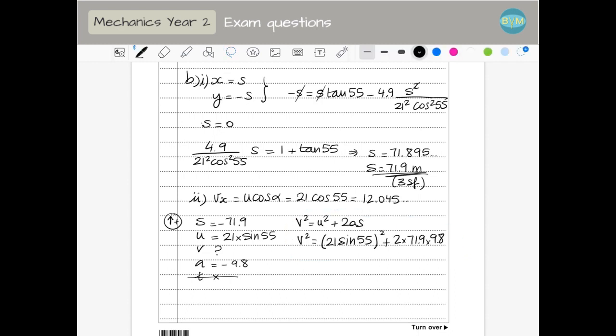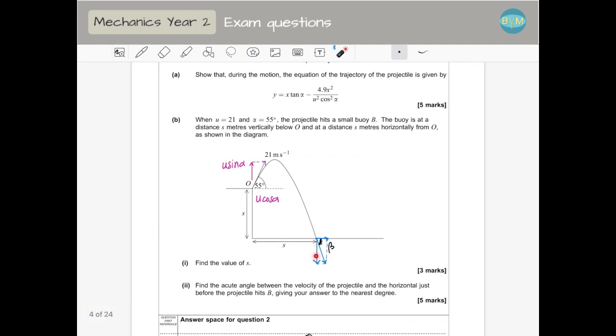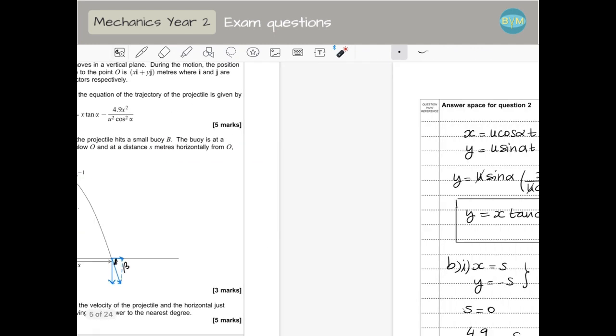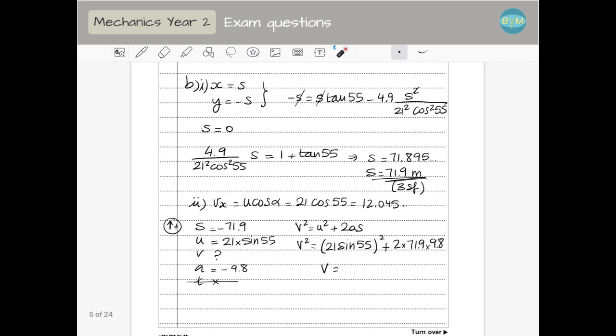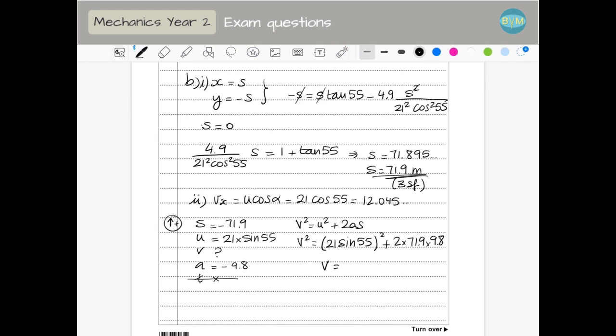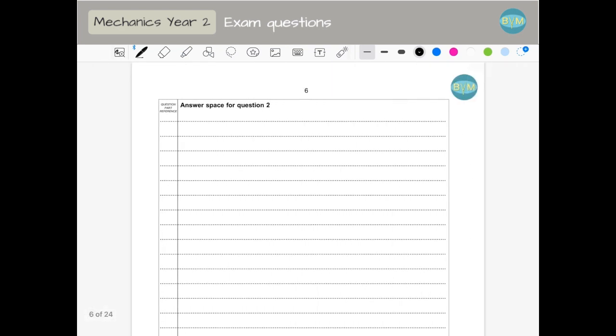I'm going to pick the negative one because I consider positive up, and here my vertical velocity is down, but it really doesn't matter because the numbers are going to be squared, but just to be more precise. So this v is minus 41.292 meters per second.